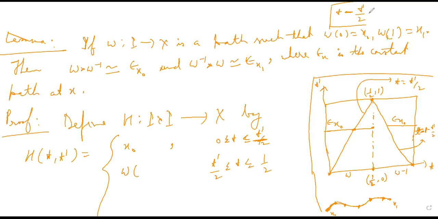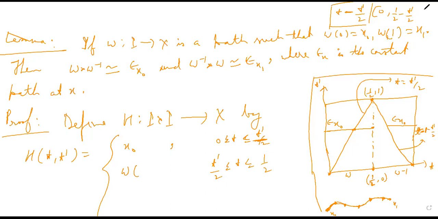Then your interval is basically 0 to half minus t prime upon 2.